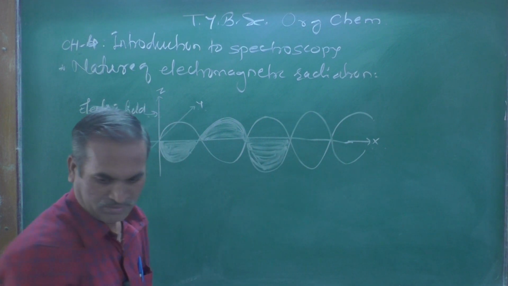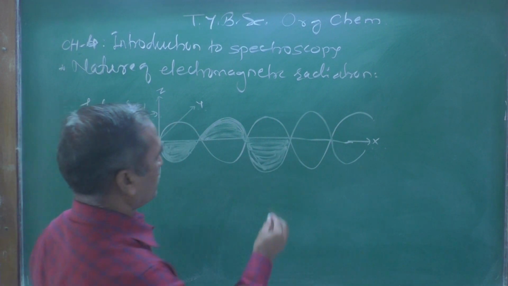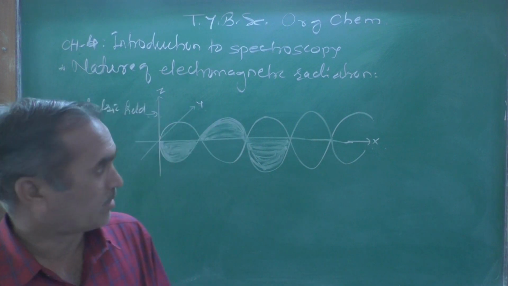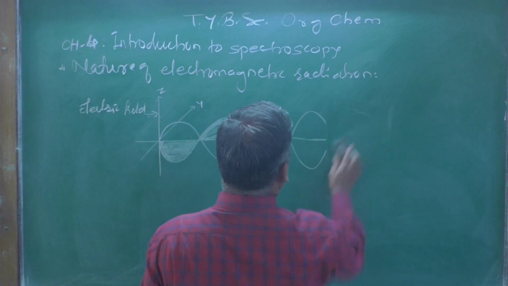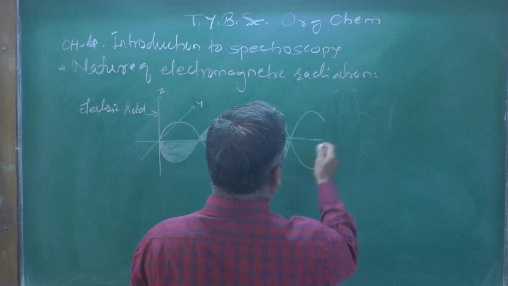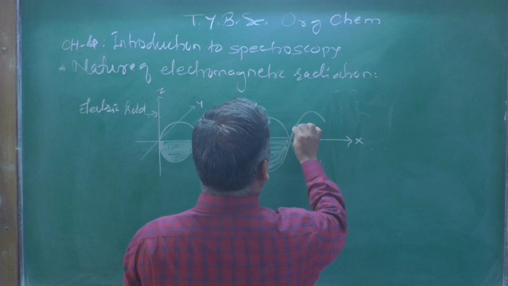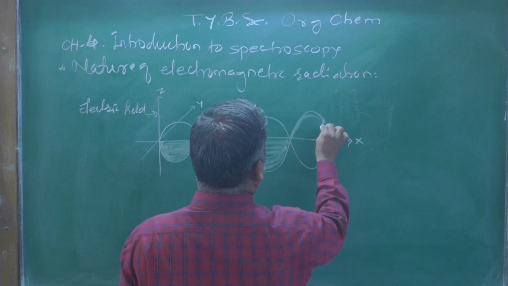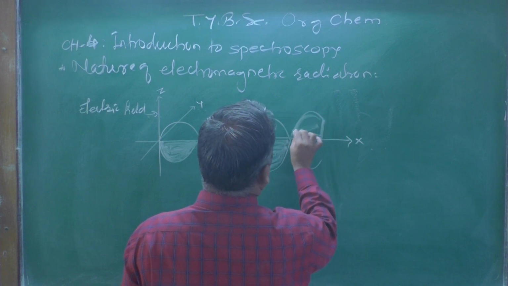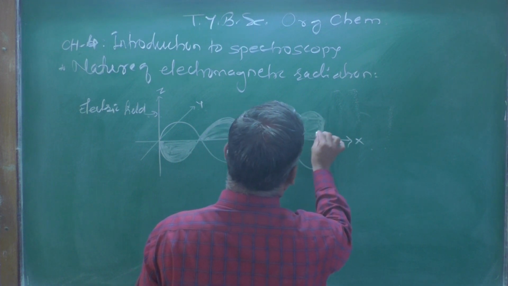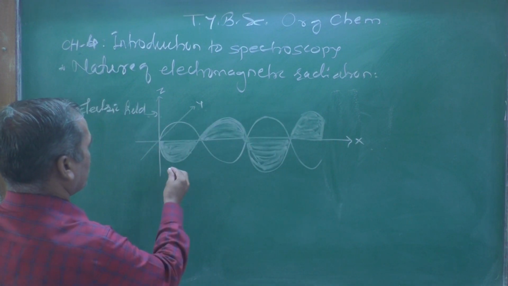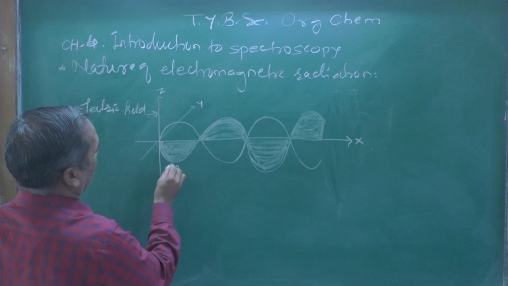This is the x-axis, and this you can denote by the magnetic field.